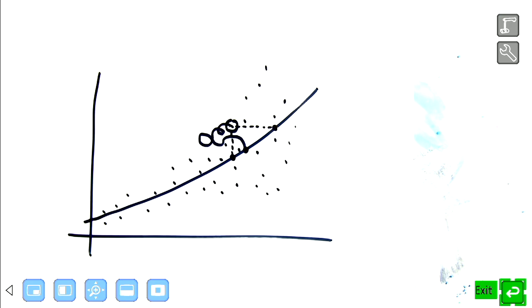So the formula you would write down for this is you would fit a line so that the sum of the absolute value of y minus the point immediately below it on the line is minimised. Now that's a mathematical problem.